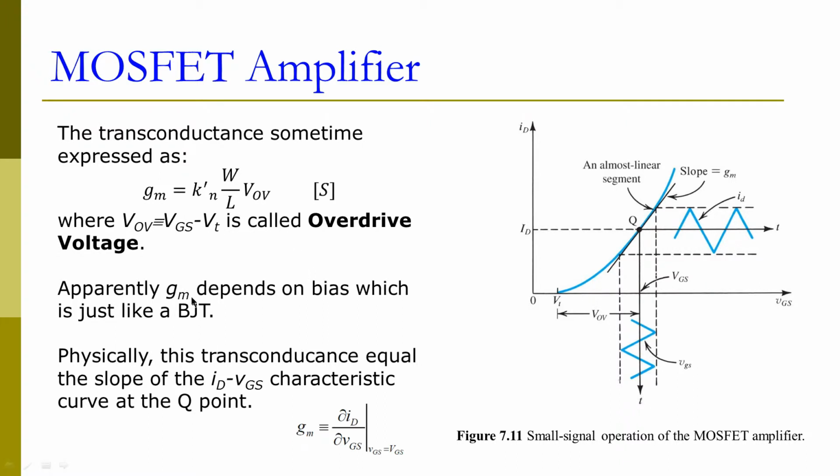Apparently, gm depends on the biasing condition, similarly to what we have observed in BJTs. Physically, this transconductance gm equals the slope of the ID versus VGS curve here. It is the slope at the Q point. Apparently, when we change our Q point, we are going to get a different transconductance. That's why we say gm depends on the bias.